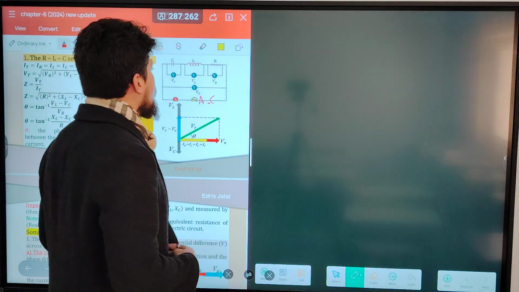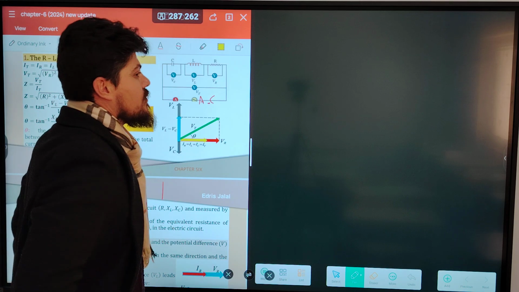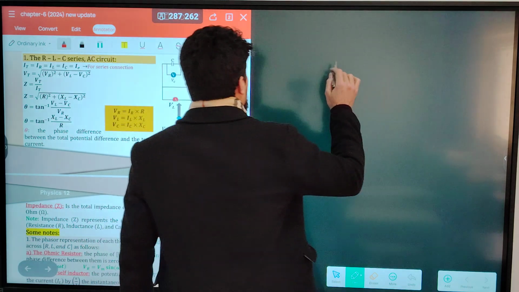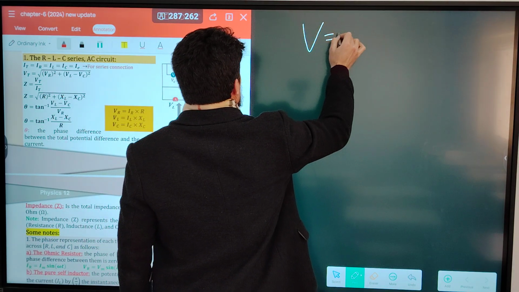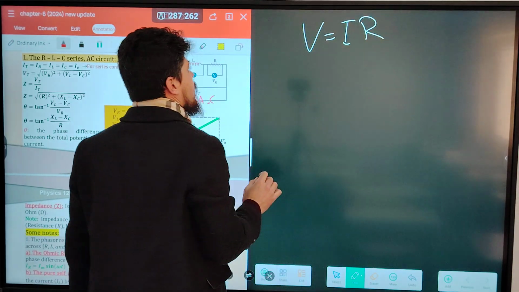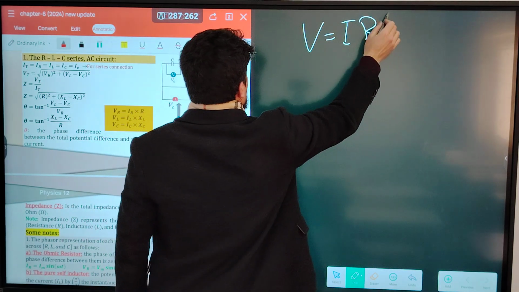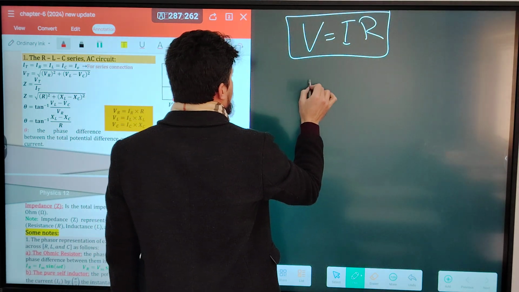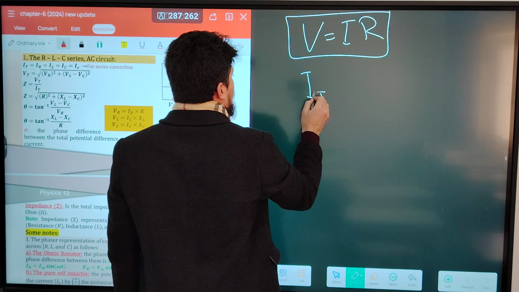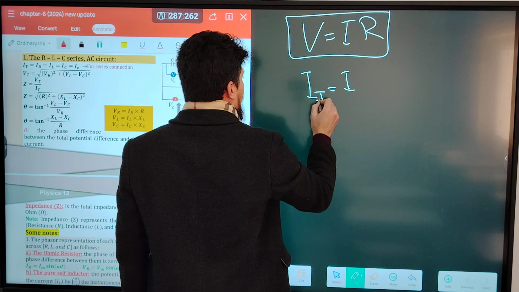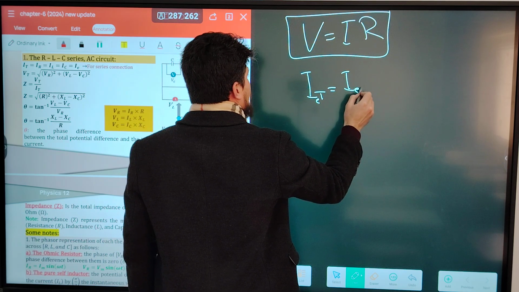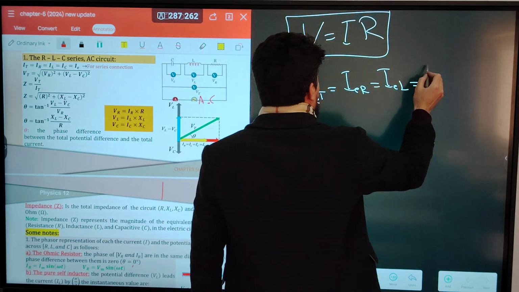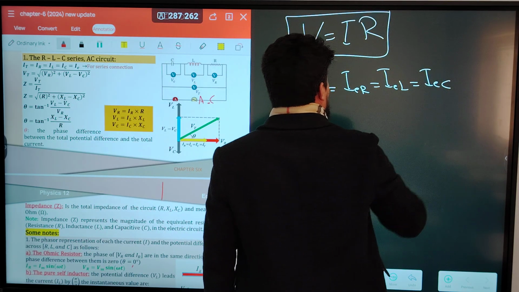First of all, you have to know that in a series connection, if the resistance, capacitance and inductance are connected in series, according to Ohm's law, V is equal to IR. And in series connection, as we studied in chapter 5, section 3 in the galvanometer, the total current is equal to the effective current across resistance, across inductance and across capacitance.